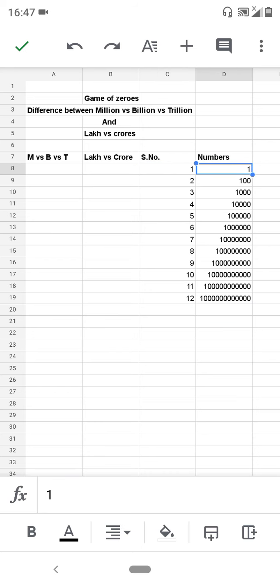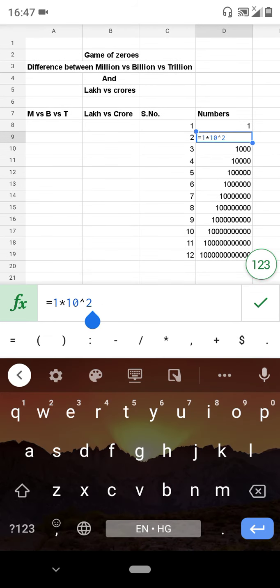which is numbers, starting from number 1, we are saying that we are adding 10 to the power 2, right?